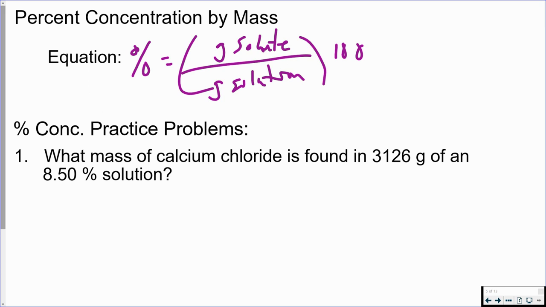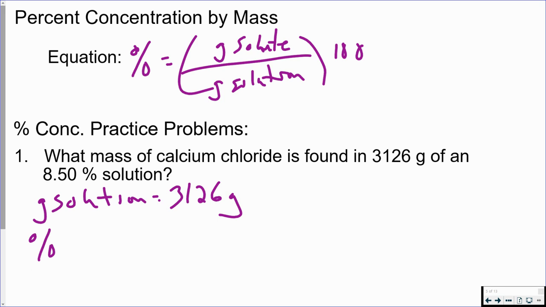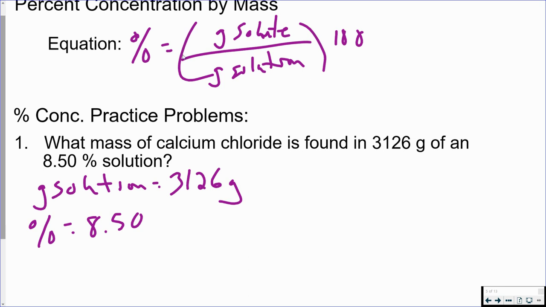It's the part over the whole. So down here on number 1, we have the grams of solution is equal to 31.26. We have the percentage, and that's all we need to calculate.